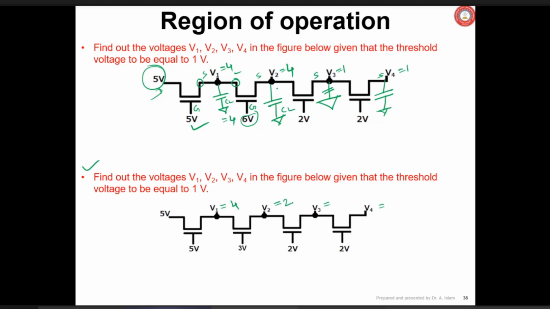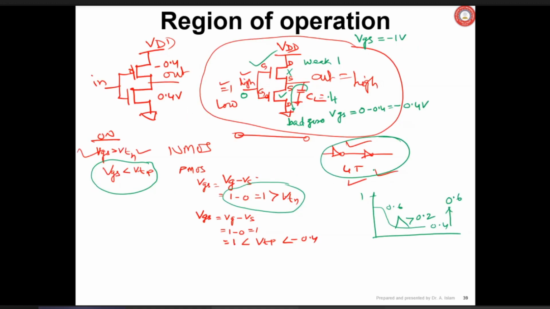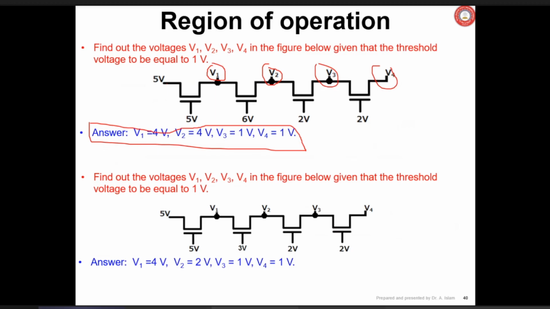The second one is 2. 1, 1. VGS is 2, so it can charge up to 1. Okay. And here also you have the 1 volt. Fully it can utilize this value. So these are the answers you have said correctly.